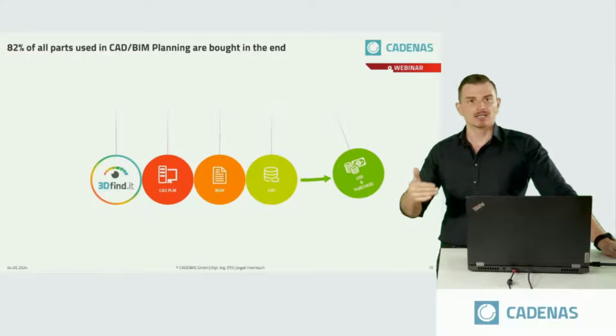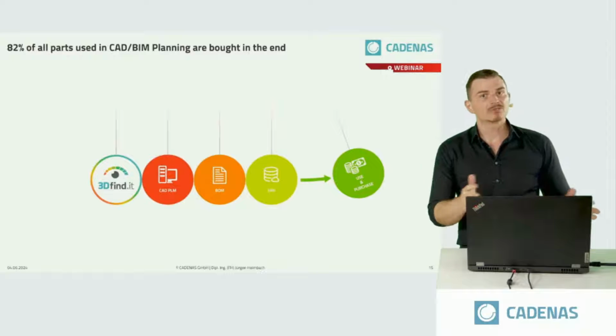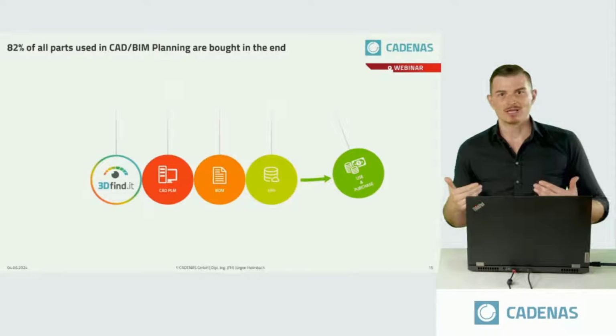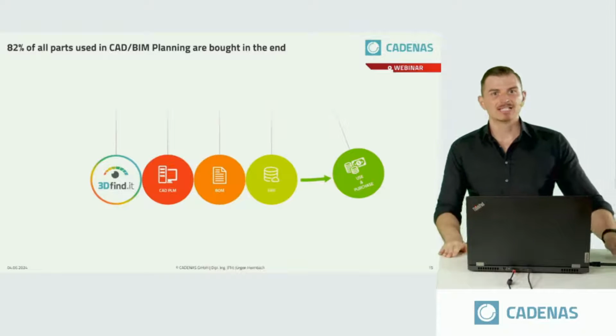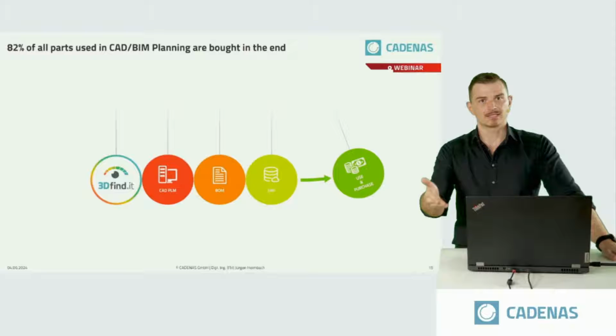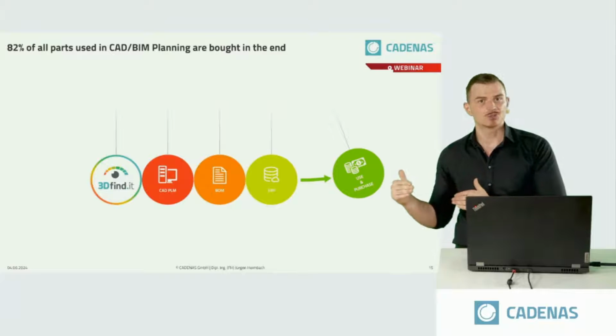That means what the purchaser sees, for example, in SAP, is nothing other than the bill of material coming out of the CAD system. So in the end, very short, the engineer with his decision in the CAD tells the purchaser what kind of product he needs to buy. And that's where the 82% come from.